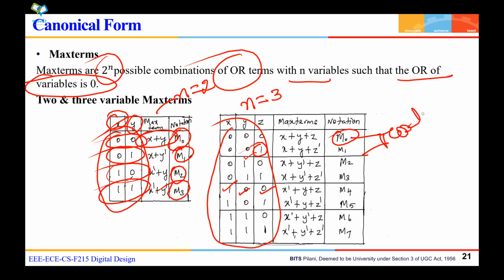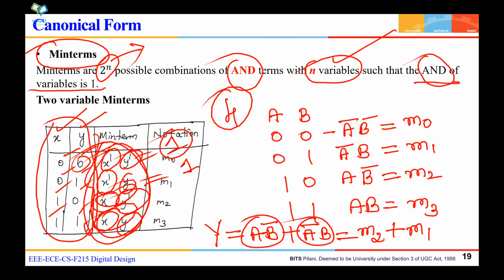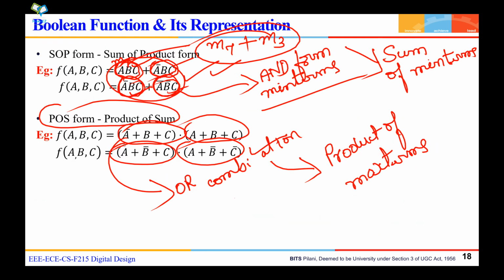Any Boolean equation, when written in the form of product of sums, uses these max terms. For example, go to the equation we saw earlier. Here you have a bar plus b plus c. See this a bar, b, c.